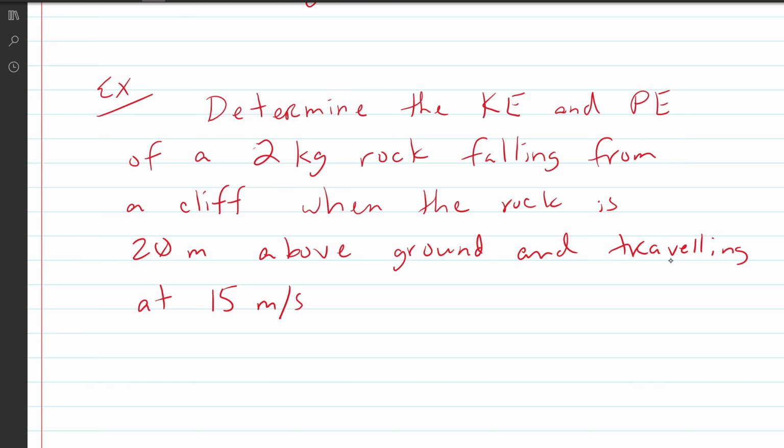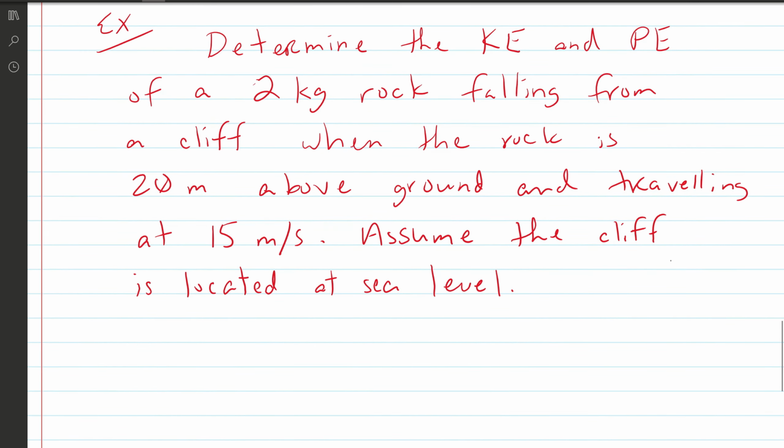All right. We'll make some assumptions, or they'll give us some assumptions. They'll say, let's assume that the cliff is located at sea level. So the cliff is located at sea level.